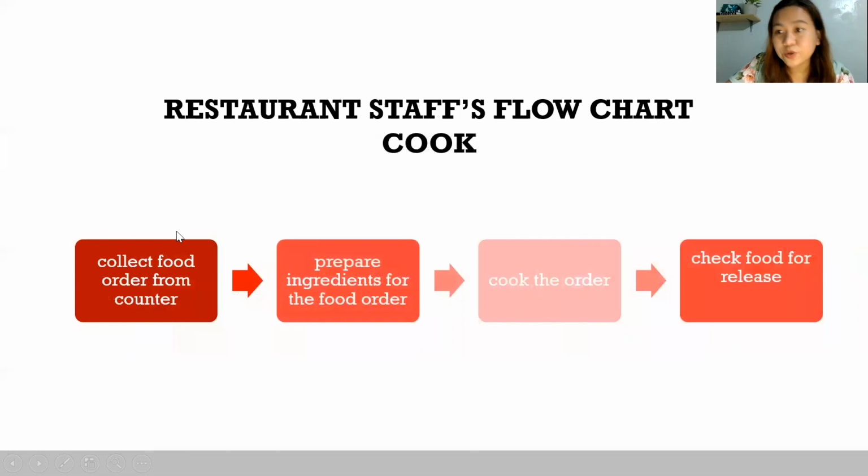Okay, for the cook, so ito na-discuss na rin natin dun sa functional analysis natin. So ito yung karaniwan nilang flowchart. They collect the food order from the counter. So pag binigay kay cashier, or from sa system, lalabas na siya, and then dapat alam niya na kung ano lulutuin niya. You would prepare the ingredients for the order, cook the order, and then check for food release.